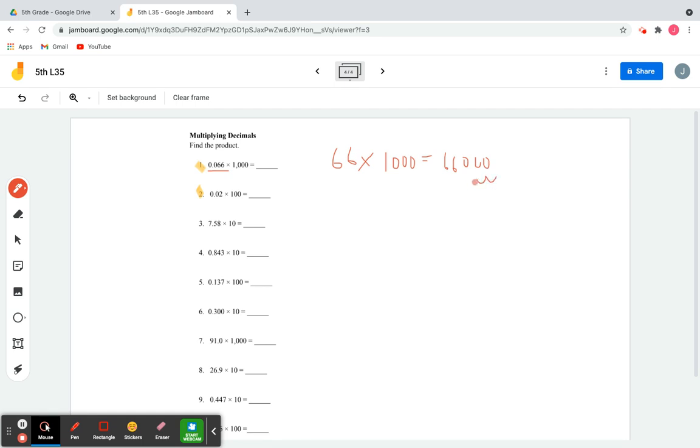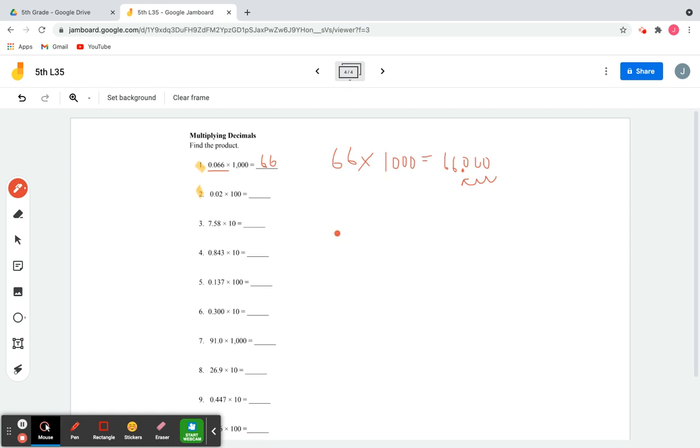So 1, 2, 3. So the decimal point is going to be here, right? Then now we have 3 digits behind the decimal point. So the final answer for this one is going to be 66. 66 is the same as 66.000 because there are just infinite zeros behind the decimal point for this one.